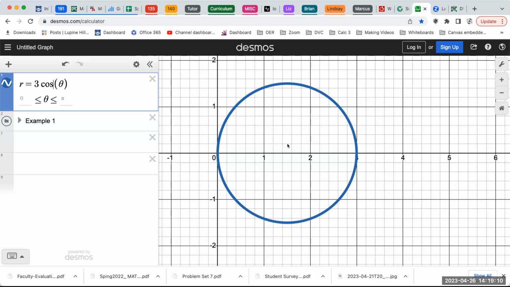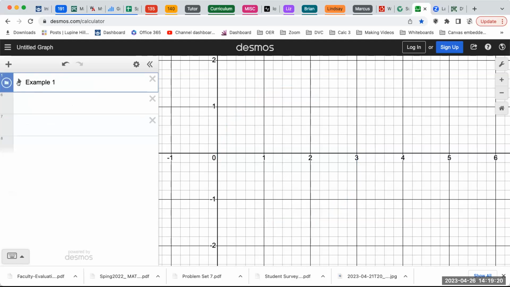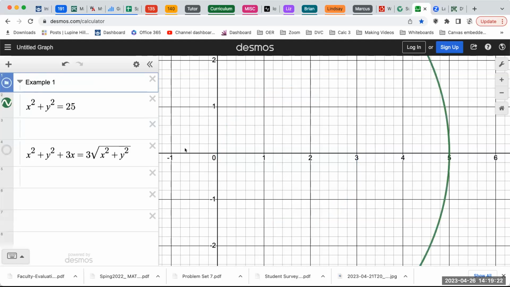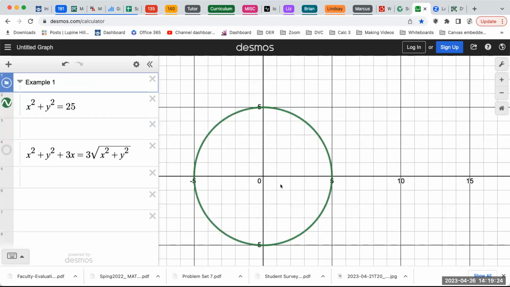But the thing is, some equations look nicer in one form than they look in the other form. So for example, here is the equation of a nice circle of radius 5 that you've probably learned in the past. x squared plus y squared equals the radius squared, which in this case is 25. Here's another one.